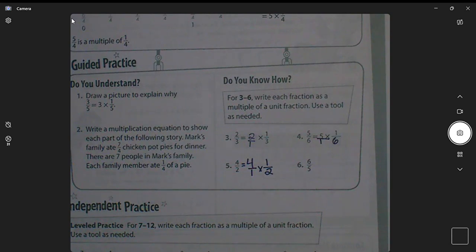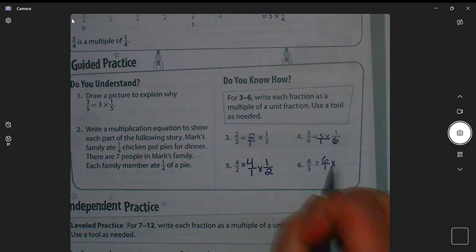Number 6. Do you think we can rock it? I think so. Look at your numerator. That gives us a clue. 6/5 is the same as saying what? What would be my whole number? You're right, it would be 6.